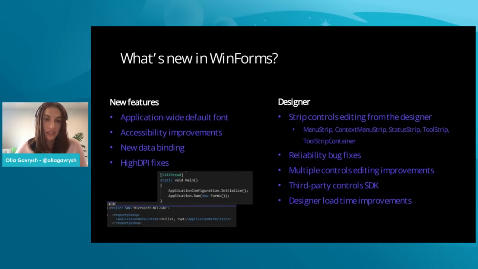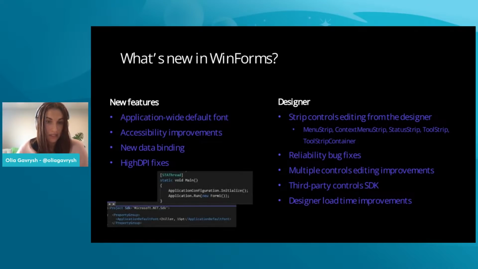So now we introduce an API that allows you, with just one line, set the default font all over your application. So if you want to go back to the font that we had before, it's very easy. If you just want to set the default font to something new in all your forms, all your controls, one line, and you're done.